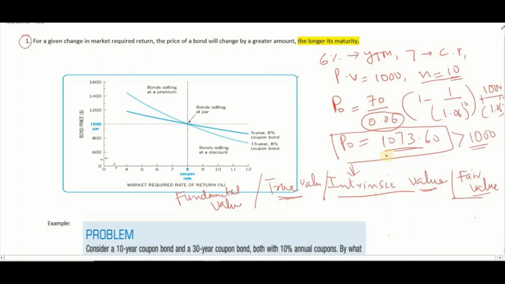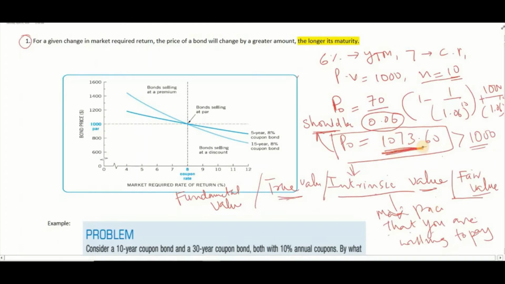So that's why we call it the should-be price, or you also call it the price that you are willing to pay. Remember, this is the maximum price, I would say, that you are willing to pay, right?